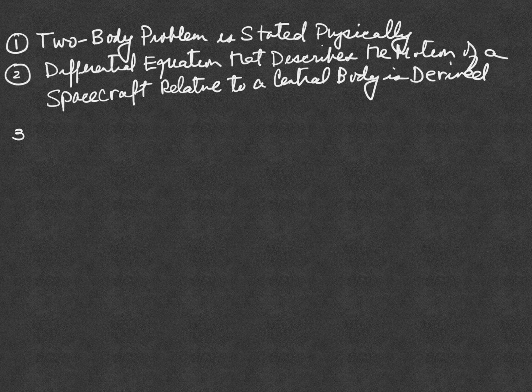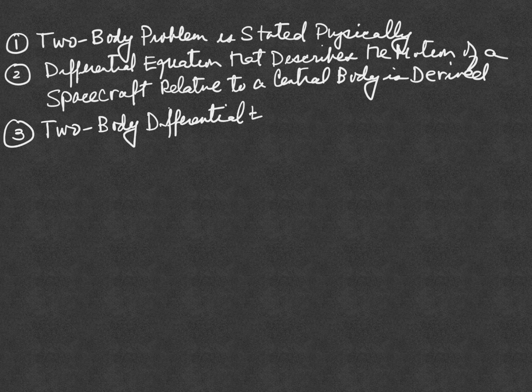And third, the two-body differential equation, as we will call it, is solved. And we'll get into the details of what we mean by solving the differential equation as we move through the lecture.